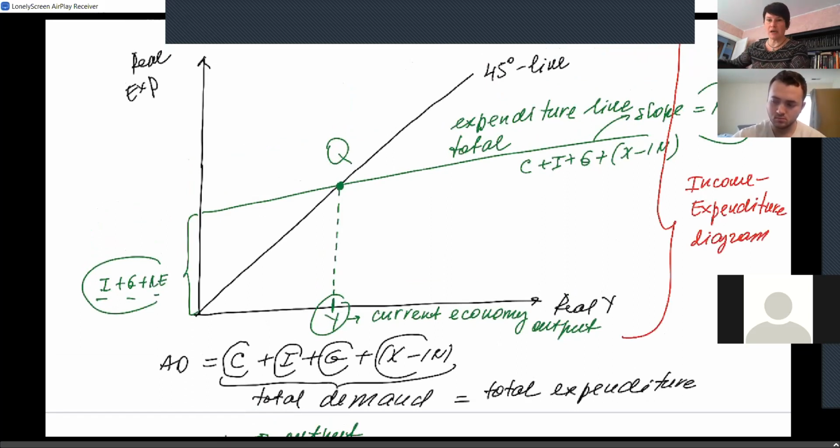Why do we need this diagram? To find the current level of output.